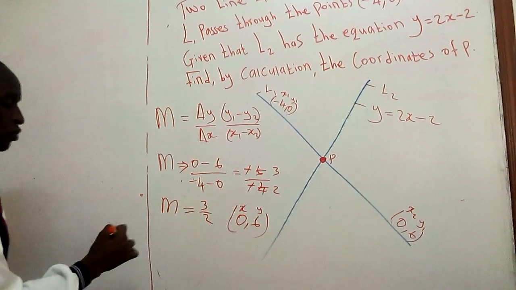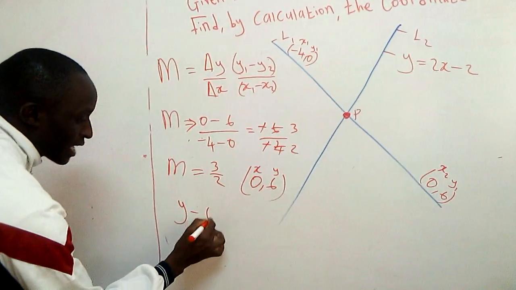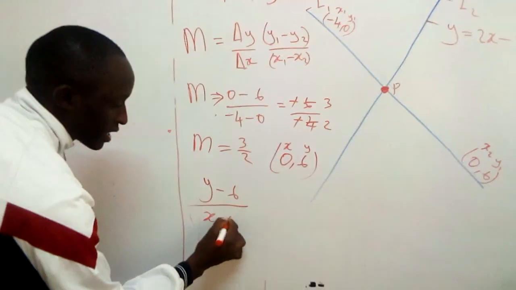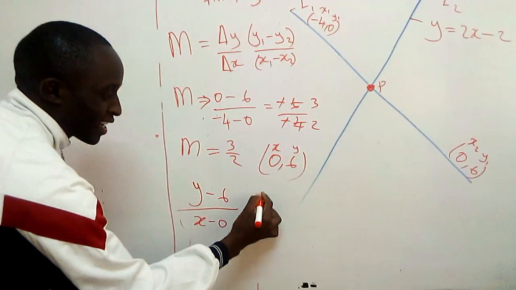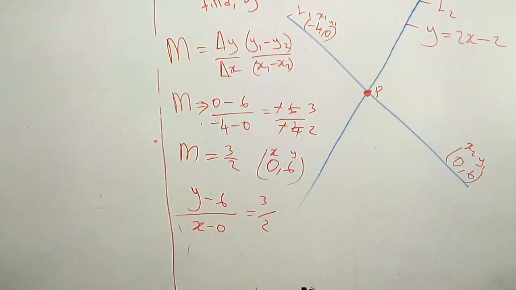From there, to form the equation, I'm going to say y minus 6 all over x minus 0 is given by my gradient, which is 3 over 2. What do I do?